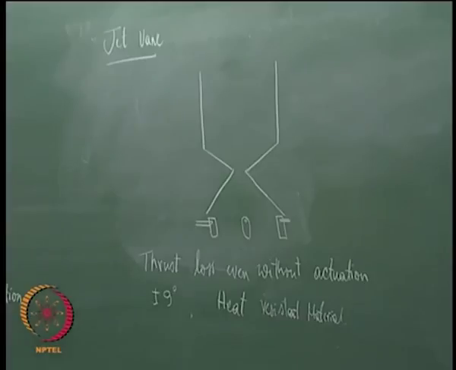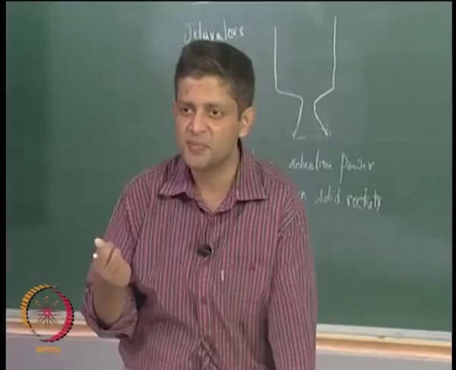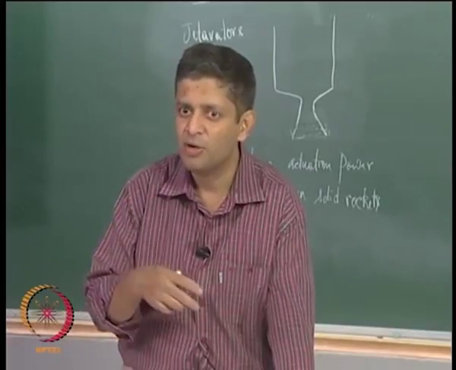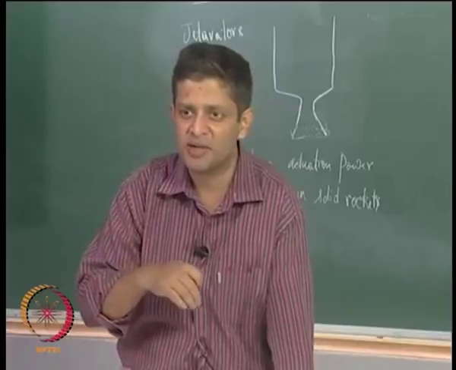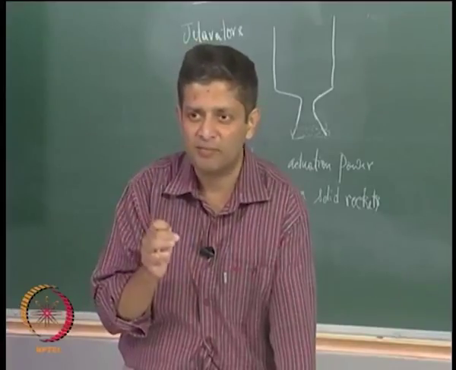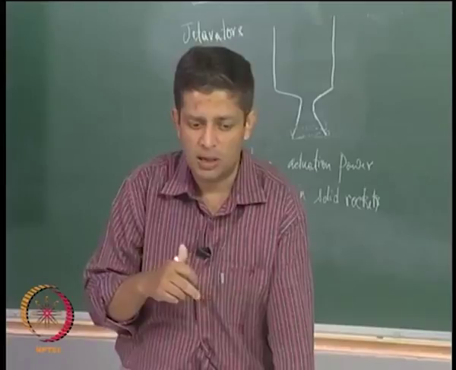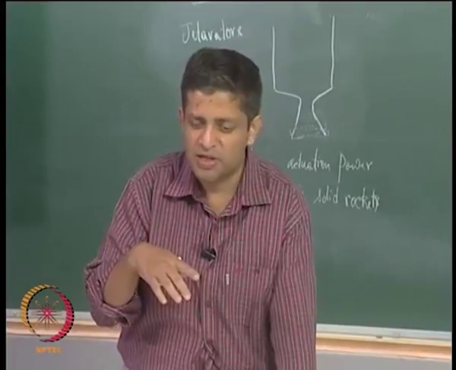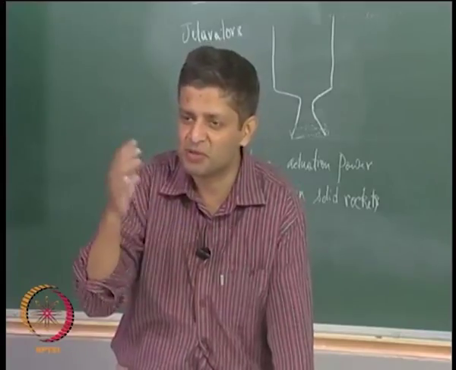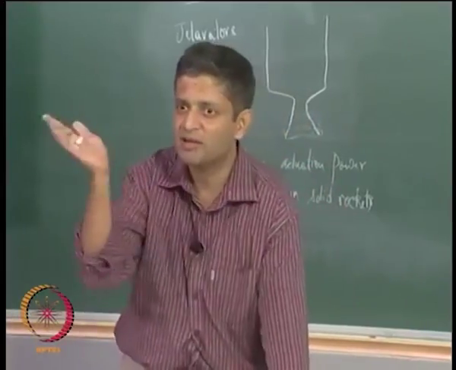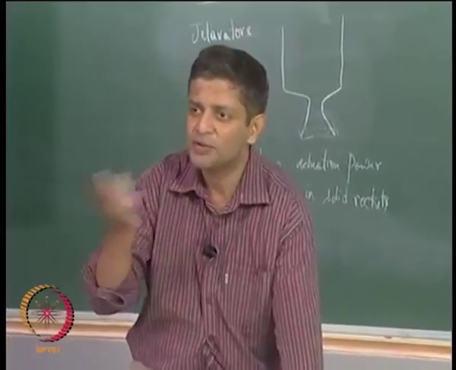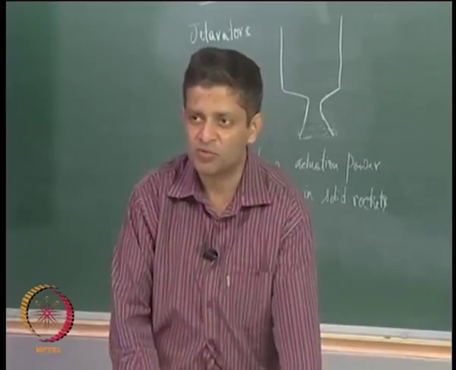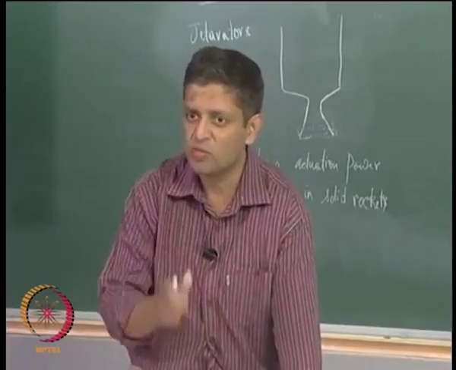What is usually done in the case of jet vanes is you might need this for a small period of time during takeoff or during some critical operation, after which you can throw them away. Okay. So, these are used in some examples wherein you are launching something from a ship or launching a missile from a ship or something like that, then it has to turn by a large angle. So, you can use this and then throw this away, and for the rest of the flight this is not useful. Okay. So, it is used for a very small period of time.